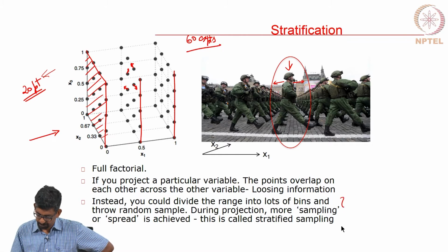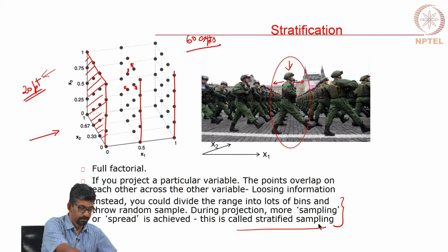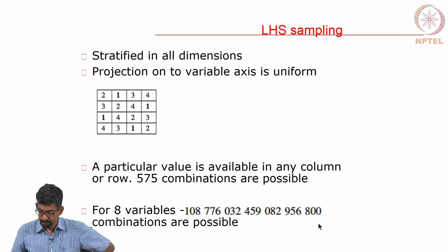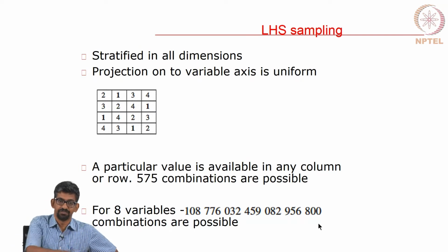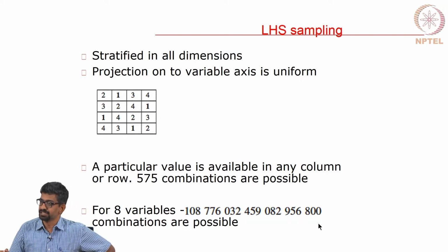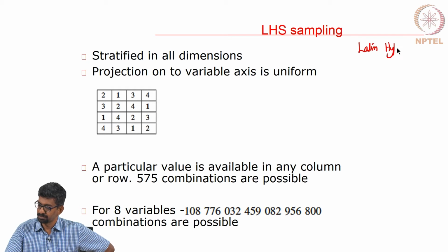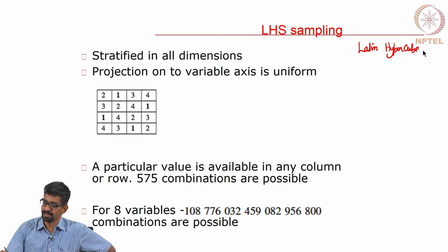Instead, if you can do this kind of a thing, that is called stratified sampling. Okay. So, one such stratified sampling is what LHS stands for: Latin Hypercube, and S stands for sampling. Okay.